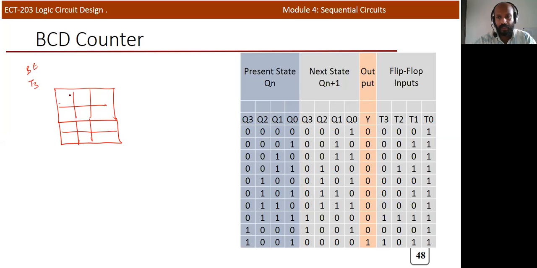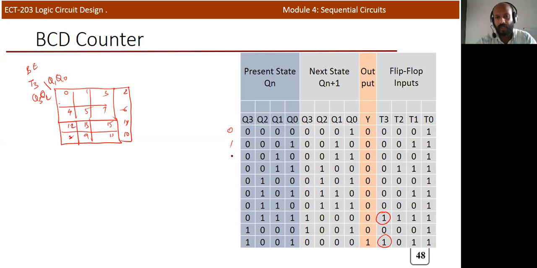So if you design T3 in terms of Q3, Q2, Q1, and Q0, you can see that T3 is equal to 1 only in two cases.